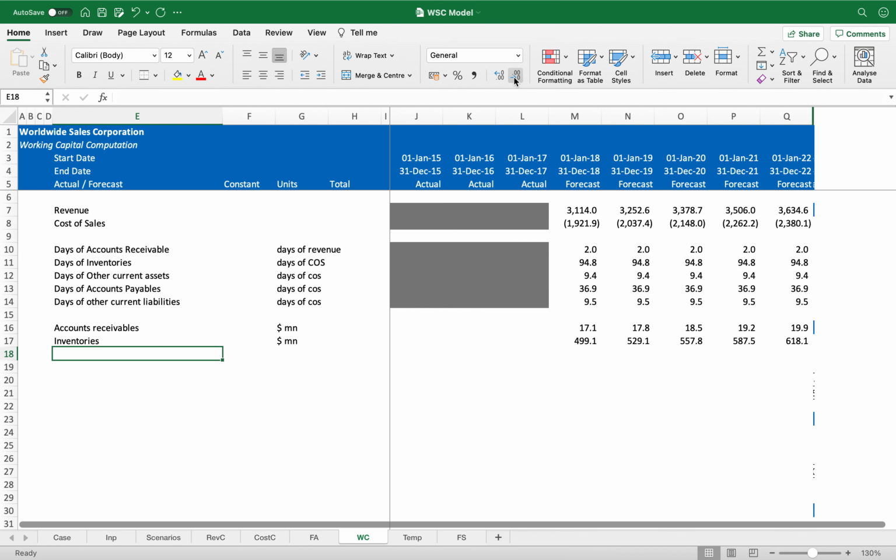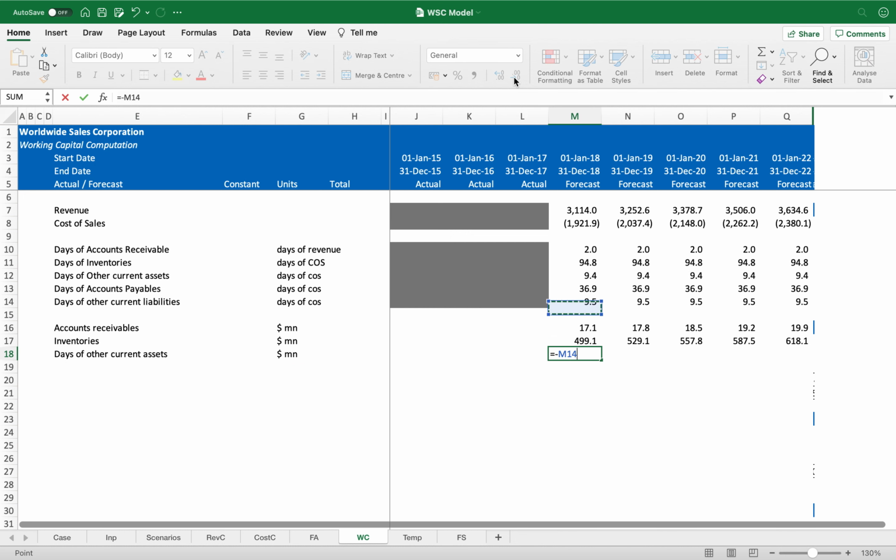Similarly, days of other current assets, compute the amounts in millions now, please. Multiplied by 9.4 days divided by days.